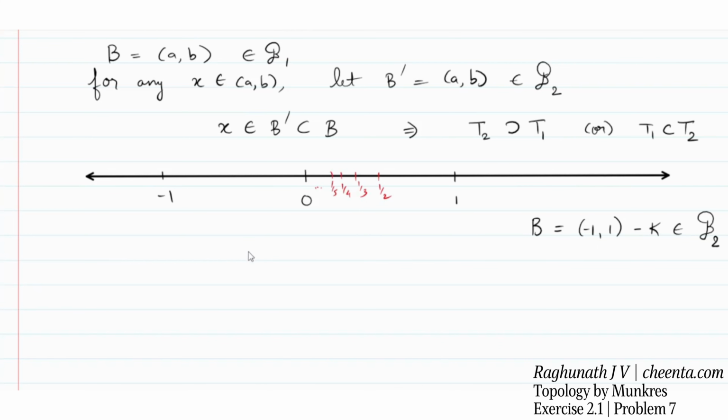It is not possible, because say you take a basis element b naught, which is of the form some a comma b, and that contains 0, which means a is negative and b must be positive, right? But in any case, since b is positive, I can say b is greater than 0.